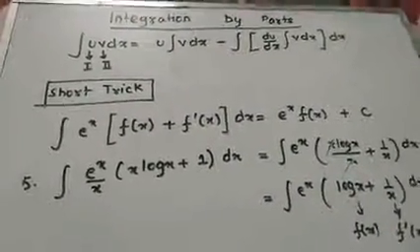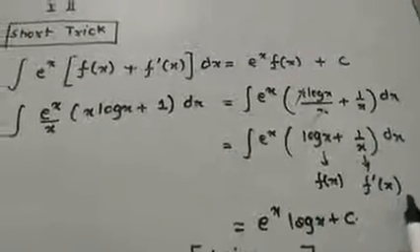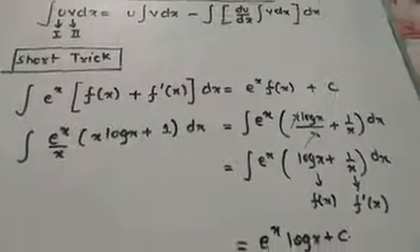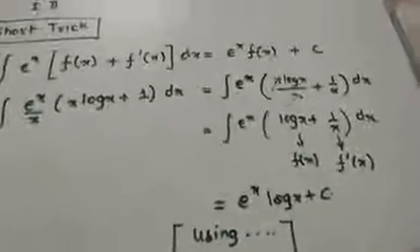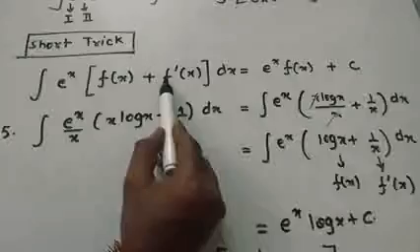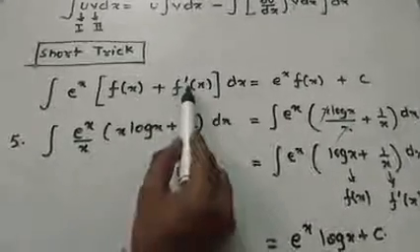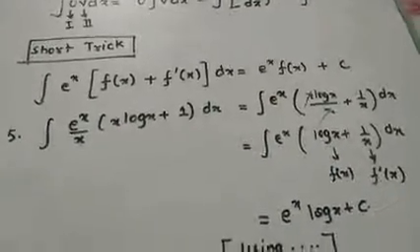But for the time being, just remember this rule: e to the power x into f of x plus f dash x. One is the function, another is its own derivative, then your answer will be e to the power x f of x. Clear?